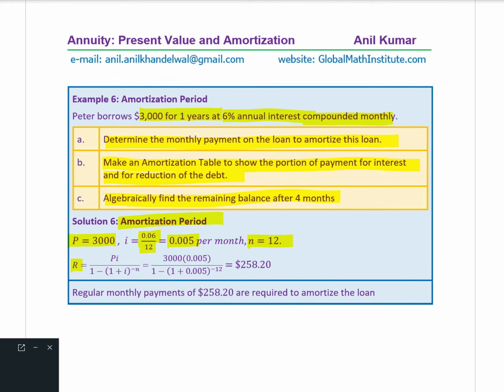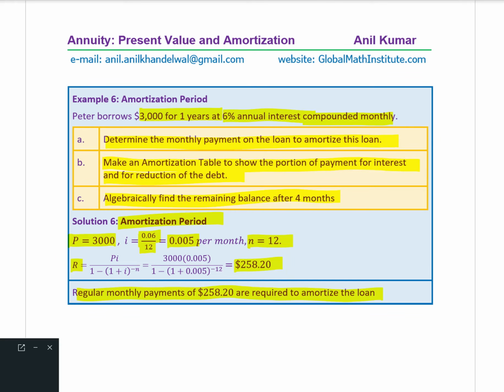So R is calculated by substituting the values in the formula which was derived earlier. We get the value of R as $258.20. So the regular payment of 258.20 is required to amortize the loan. Clear? This is a direct application of the formula which we had done earlier also.